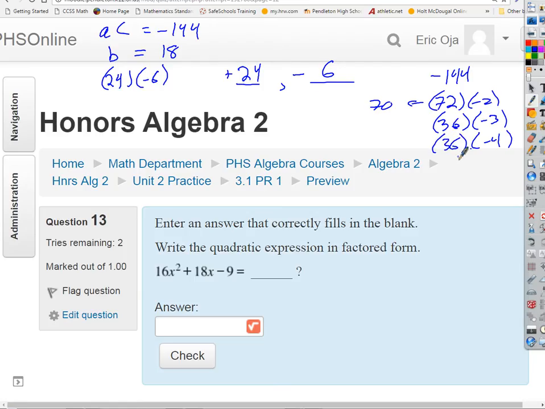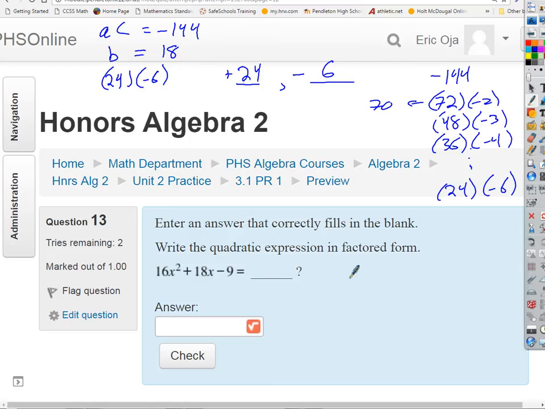It's 36 and negative 4, and 36 times negative 4 is negative 144, yes, but those add to 32, not 18. Now we could have just kept going down that list, and eventually we would have gotten to 24 and negative 6. Either way, those are our magic numbers, right? So that multiply to negative 144 and add to 18.